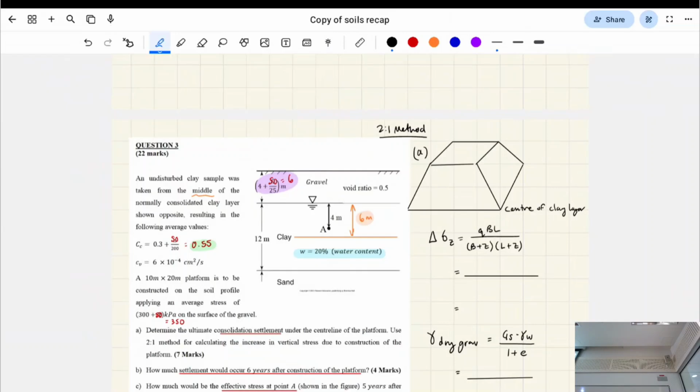You need to basically rearrange this, as it's only one, and also rearrange this. You rearrange this into this.